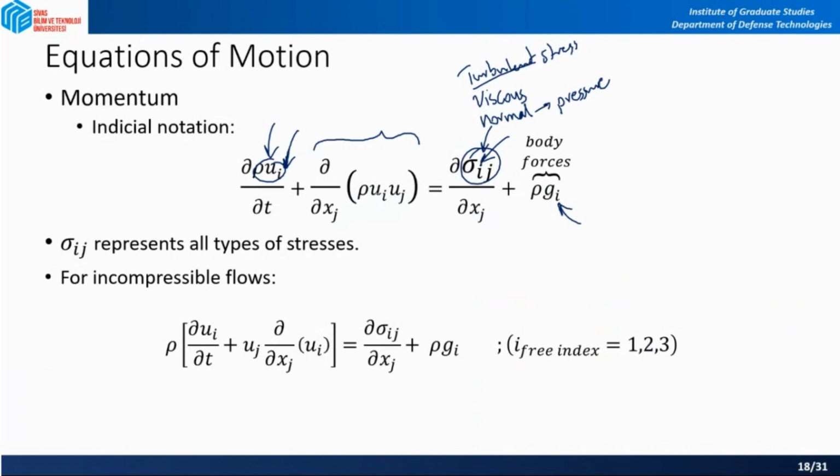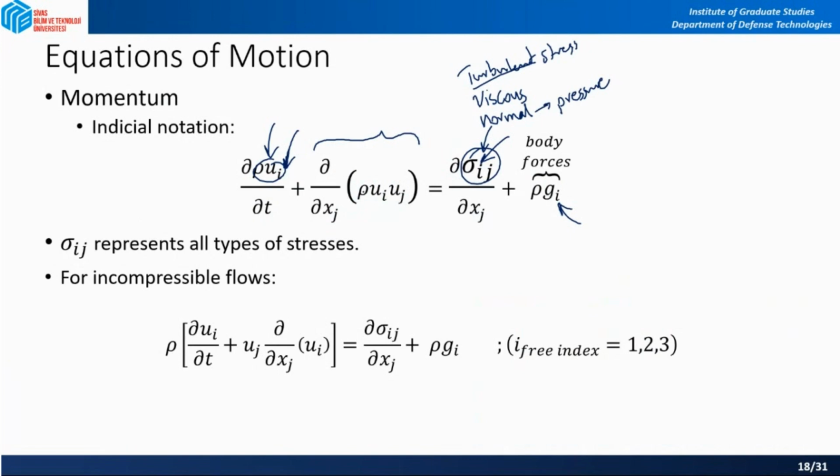Rho ui uj is a second order tensor, right? Because you have ui uj. When you take a derivative of this tensor with respect to this vector xj, it will become what? It will become a vector. So you have a tensor, you take a derivative with respect to vector, so you drop the order of that tensor by 1. It means that tensor will be a vector.